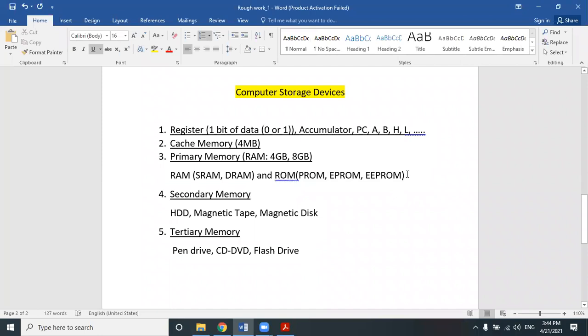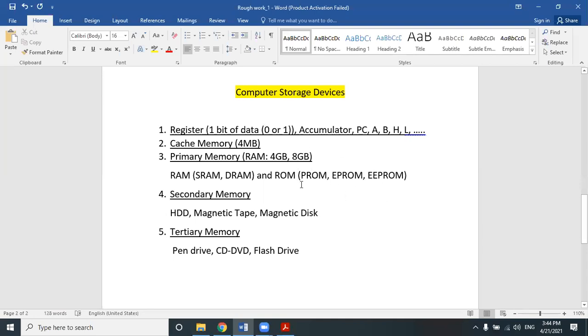I already told you ROM is a non-volatile memory and RAM is a volatile memory. What is volatile memory? Volatile memory means temporary storage, and non-volatile memory means permanent storage. So ROM saves all the data permanently, for the lifespan of the ROM hardware.